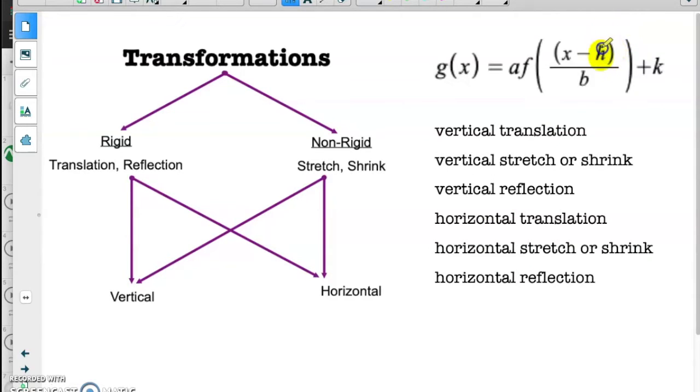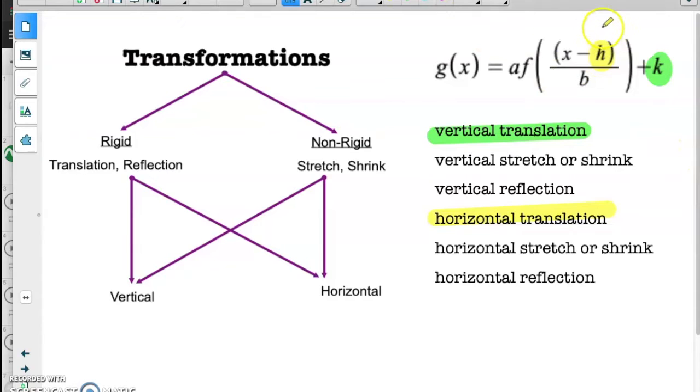For the parameter h, what type of transformation occurred? Hopefully you selected horizontal translation. For the parameter k, what type of transformation occurred? Hopefully here you selected vertical translation.